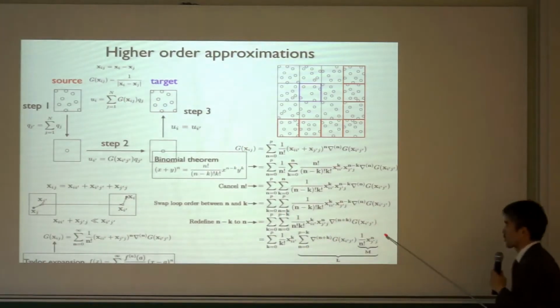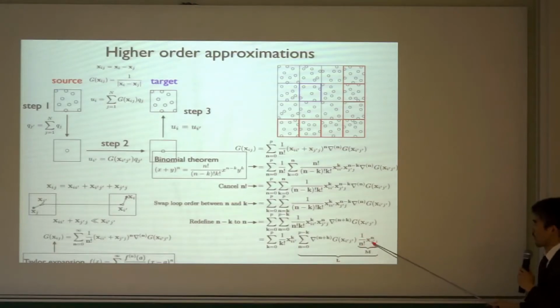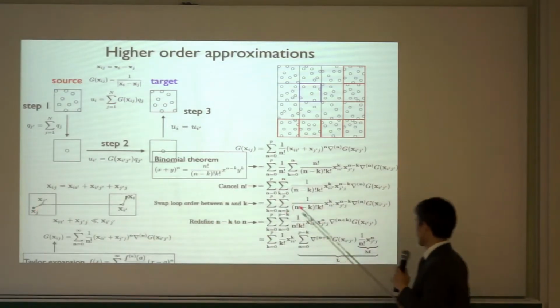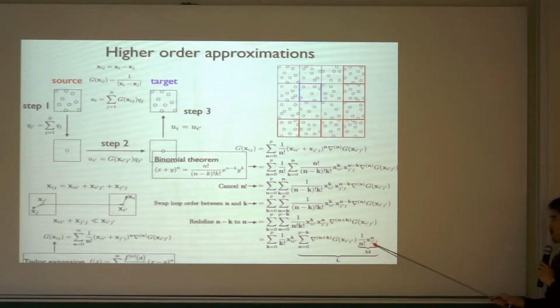If you multiply q to this term here, it's actually the definition of the multipole expansion. Multipole expansion is a power of the distance between u and the center of the cell, which is the vector j prime j. It's a power of those.